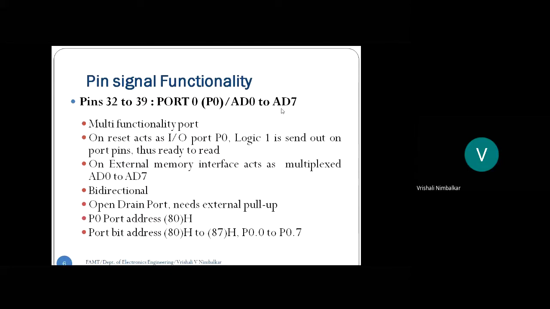To summarize, by default, pin numbers 32 to 39 act as IO port. But when some external memory is connected, they start behaving as address data lines. Is that okay? And it's a true bidirectional port. When it acts as data lines, it's a bidirectional port.